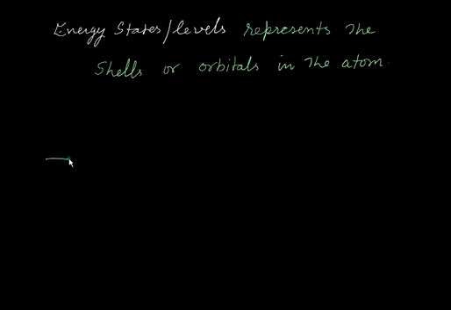So if I draw a line here that corresponds to E1 and the second line corresponds to E2, E2 is greater than E1. And these are only representations. There is no physical space in between E1 and E2. Right? These are not any physical lines.